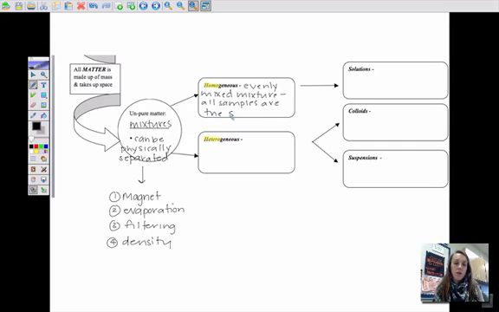And that's where that homo part of homogeneous comes in. Heterogeneous, hetero means different. So a heterogeneous mixture is an unevenly mixed mixture where all the samples are going to be different.